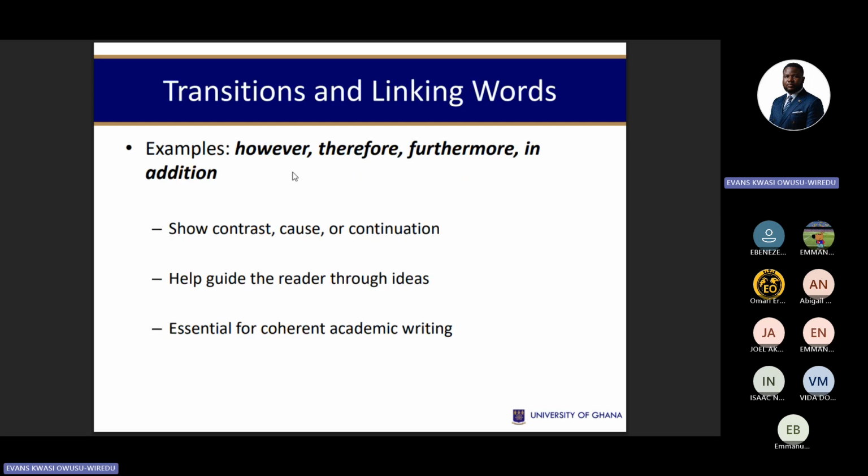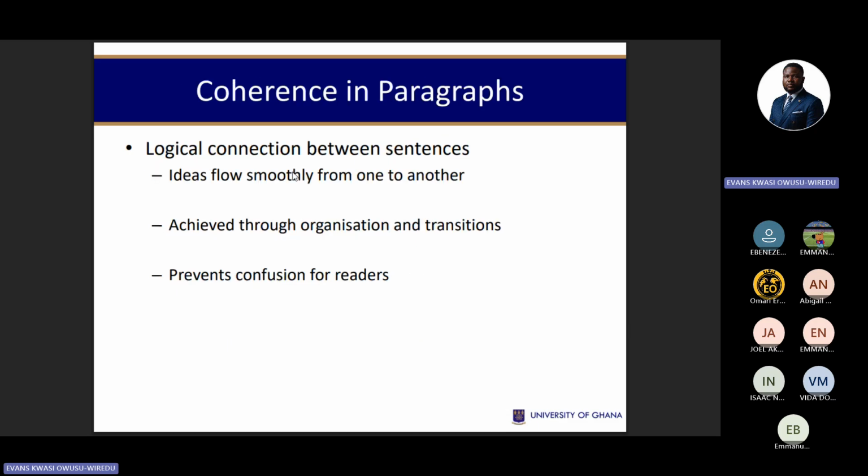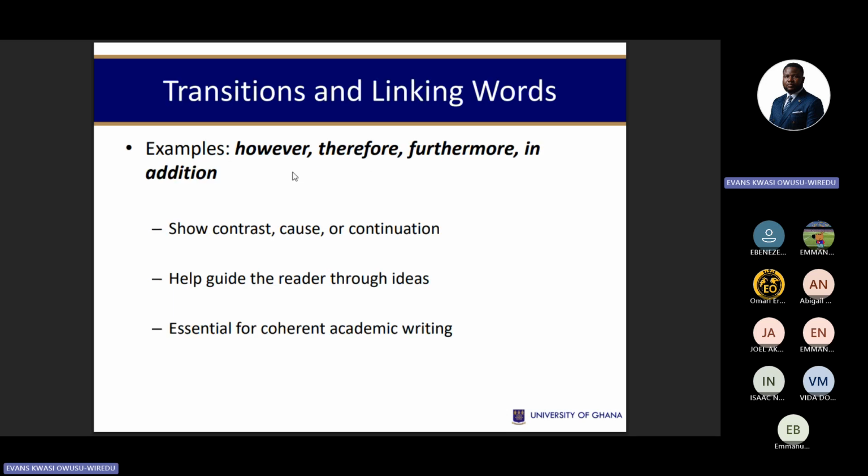So we also have transitions and linking words. Now we are going to talk about the transitions and then the linking words. When you hear these words, all you begin to identify is that we are beginning something new or we are ending something. The ability of us to be coherent in paragraphing is determined by the linking words or the transitional words.